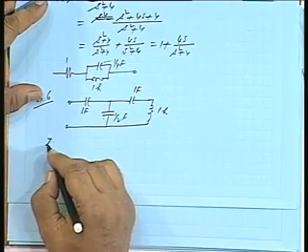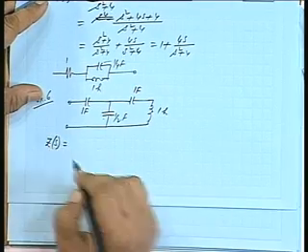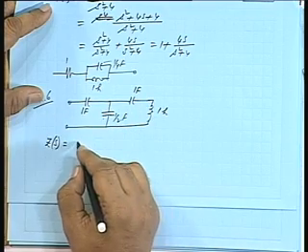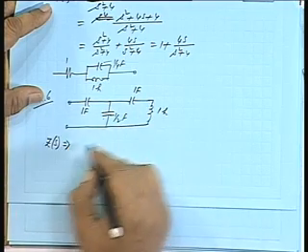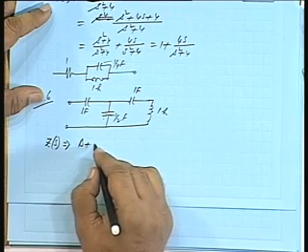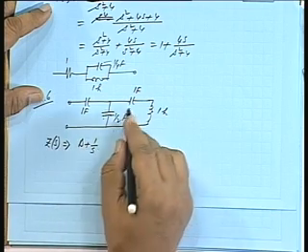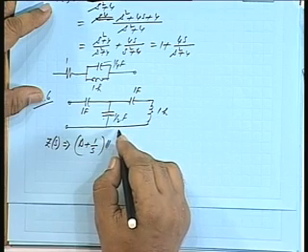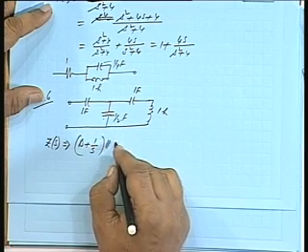What will be Z(s)? It is 1 Henry plus 1 farad. First one is 1 Henry, so s plus 1 by s, that is in parallel with 1 by 2 farad, so 2 by s.